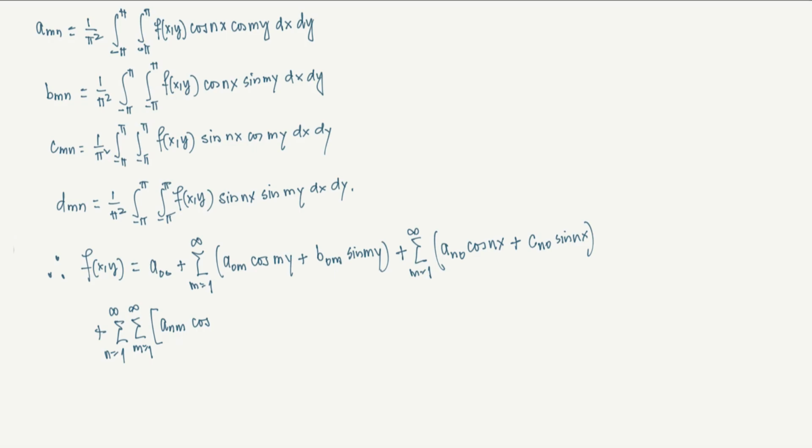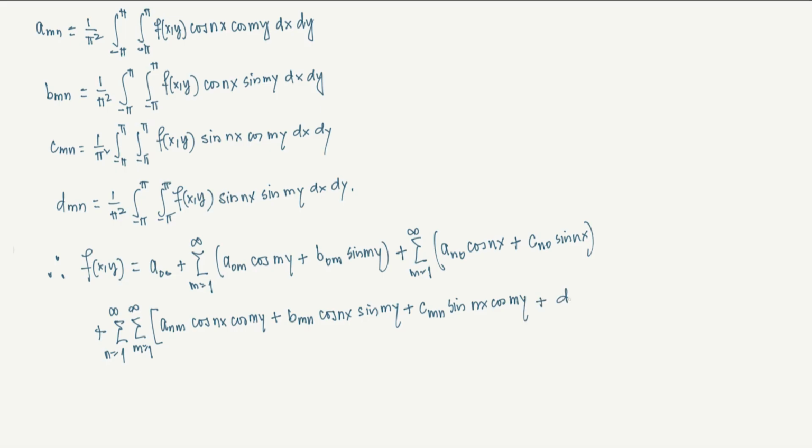So let me write it this way: a_mn cosine nx cosine my plus b_mn cosine nx sine my, plus c_mn sine nx cosine my plus d_mn sine nx sine my.